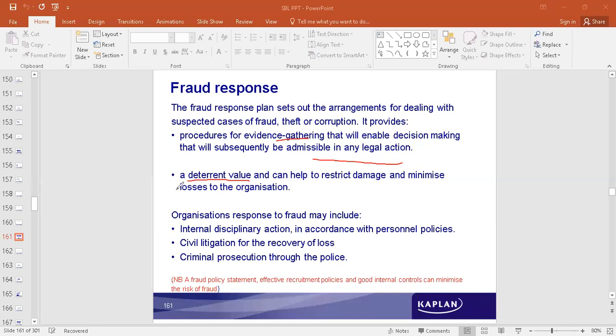There should be a serious response. Internally, their policies and procedures have consequences if someone is found guilty of being involved in a fraud. If there are policies and procedures, act according to that and decide what should happen next. Some kind of civil litigation can be taken up to recover any loss that was identified, or prosecute them based on the criminal procedures.